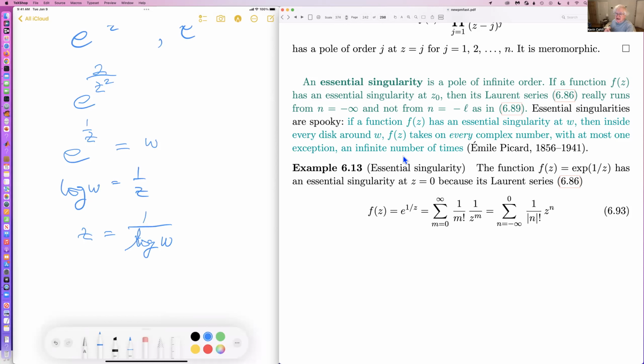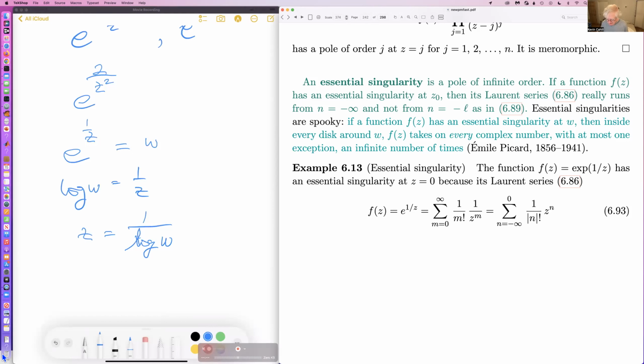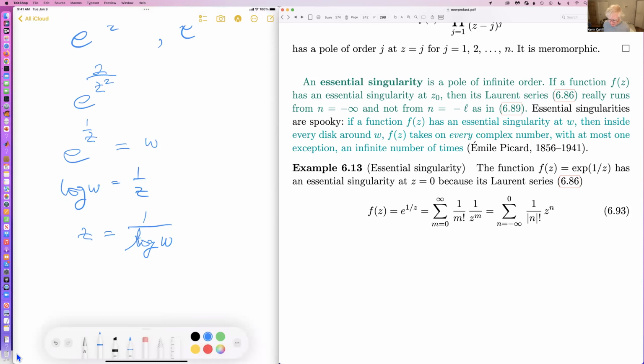So give me any complex number w, take its logarithm and its inverse, and that's a value of z such that e to the 1 over z will be w. And of course, when does this not work? Well, it doesn't work if w is 0, because the log of 0 is not finite.